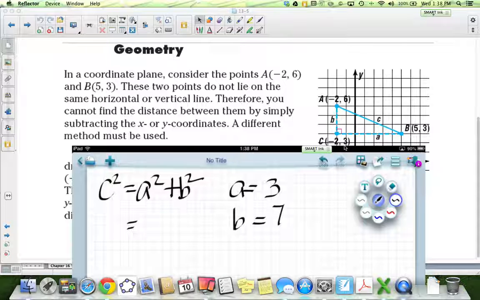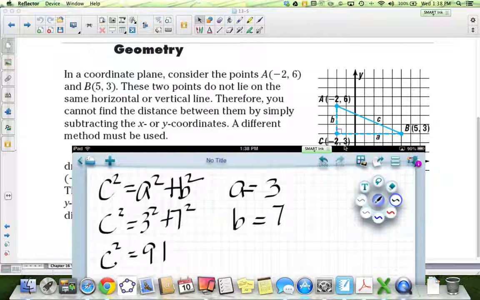Substituting the values, we have 3 squared plus 7 squared equals C squared. So C squared equals 9 plus 49, or C squared equals 58.